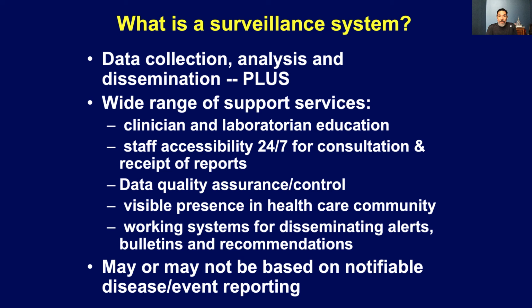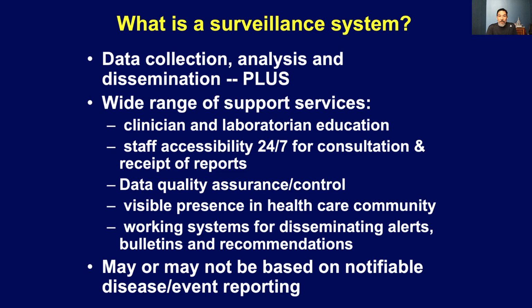That includes staff that need to go out and do clinician and laboratory education about what the surveillance system is and why it's important that they engage in the process of reporting. It means that those staff have to be accessible for receiving the reports and for answering questions. Staff also need to be involved to do data quality assurance and control of the information that is reported from providers and labs.